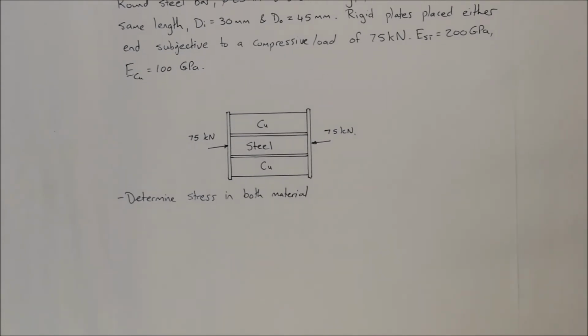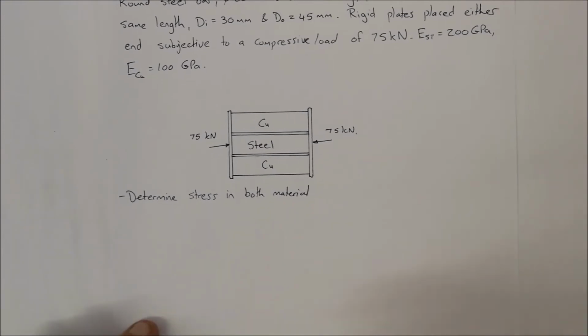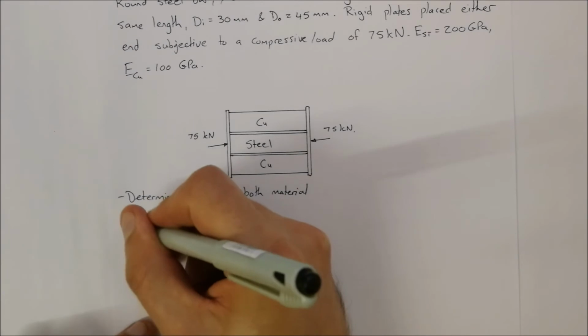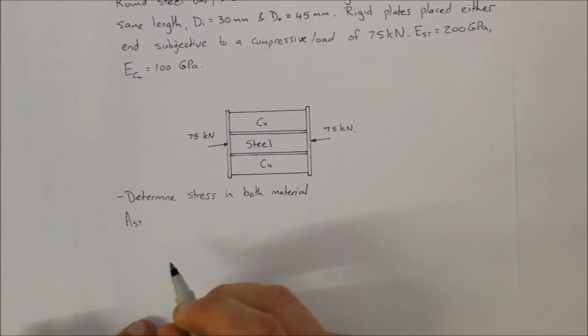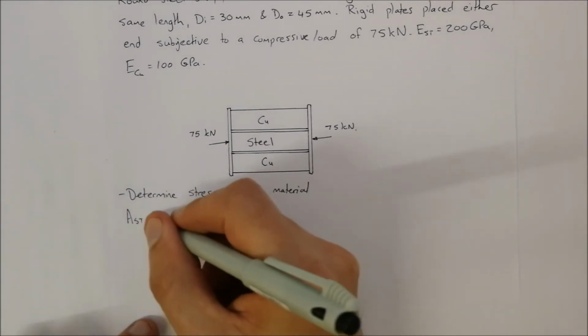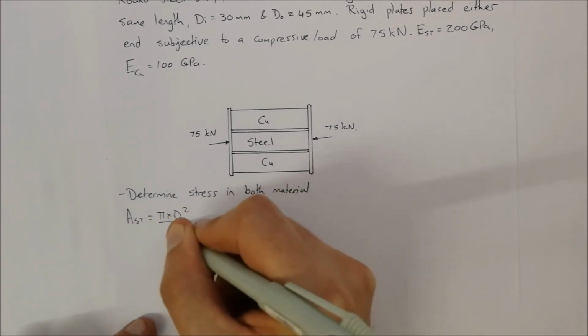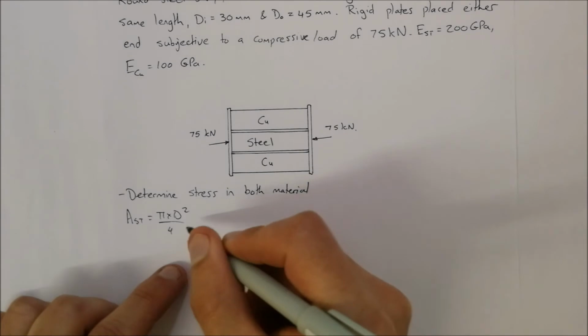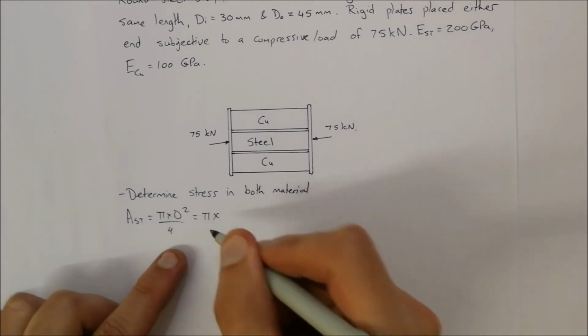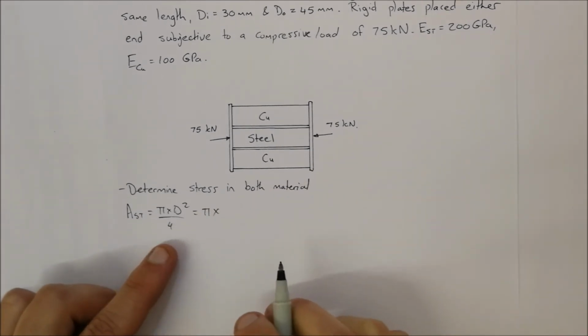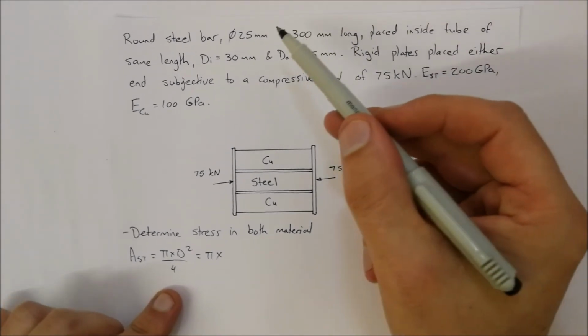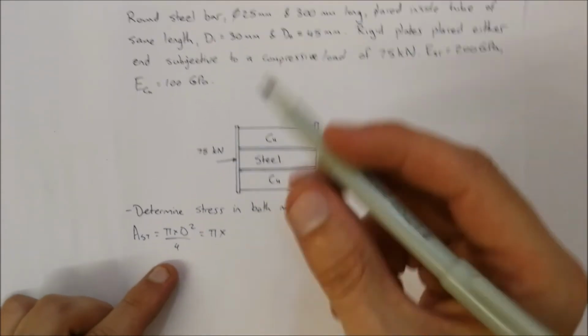Okay, so we're going to be having a look at that. Now, before we start doing any calculations, we've got to look at the area. So we're going to be looking at the area of steel. Remember, pi d squared over 4. So it's pi times d squared over 4, and that's equal to pi multiplied by the diameter of the steel, which we are told is 25 millimeters.